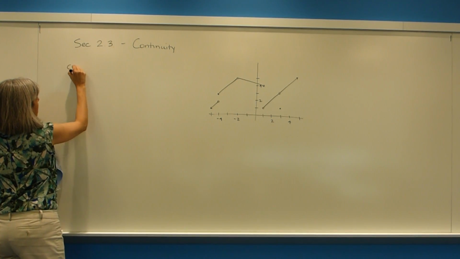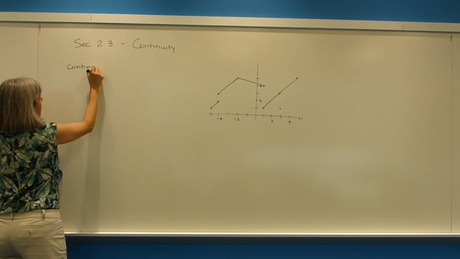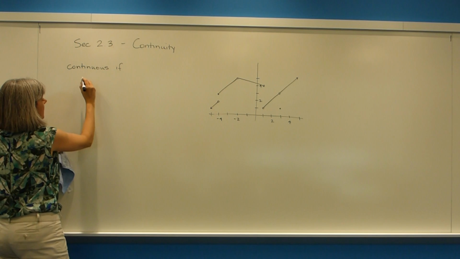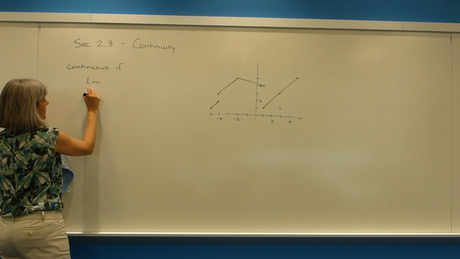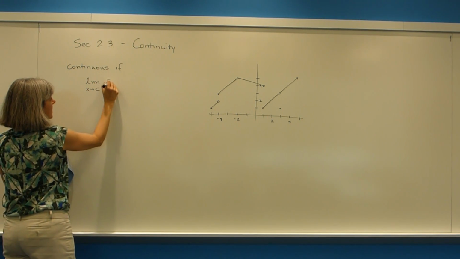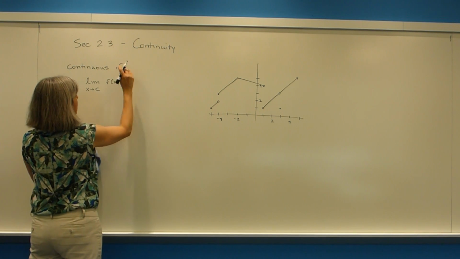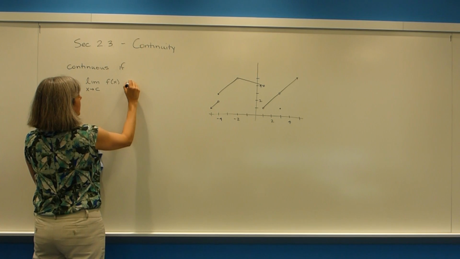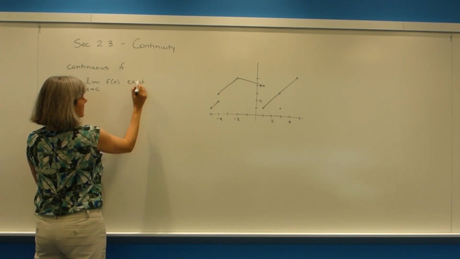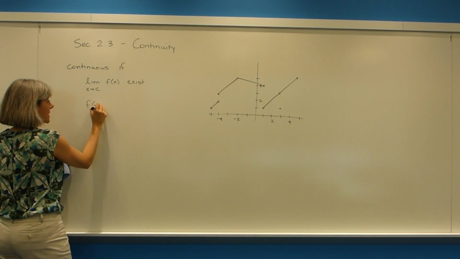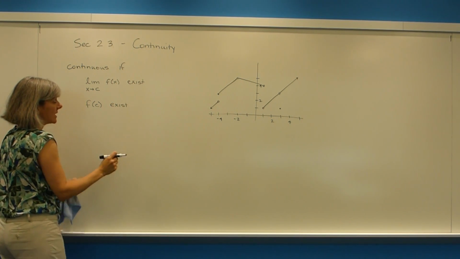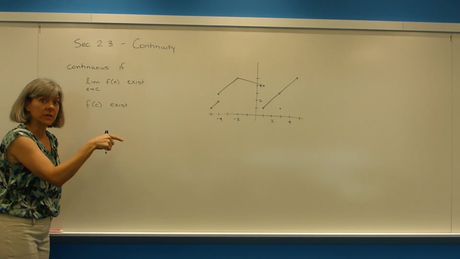So a function is continuous at a point if three things hold. The two-sided limit exists, if the function itself is defined at that point, and if the limit and the function are the same thing.